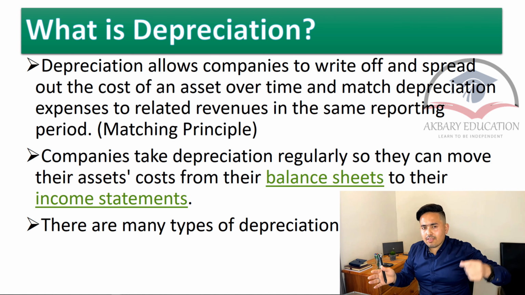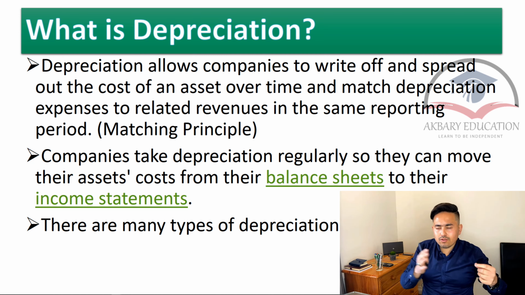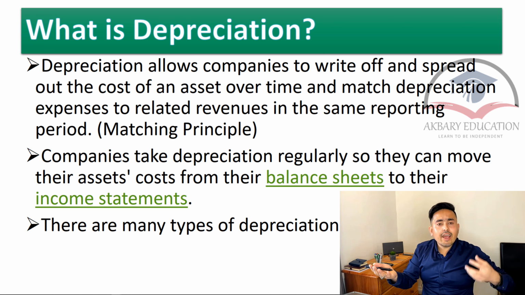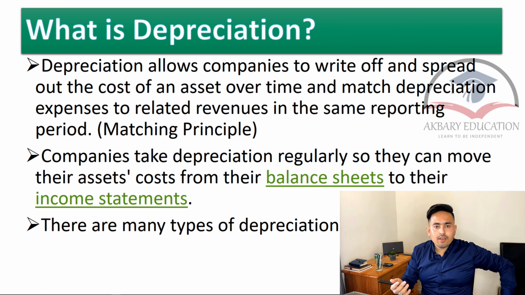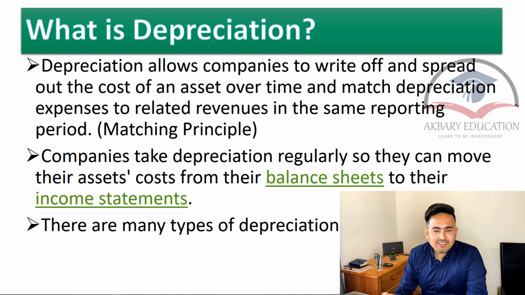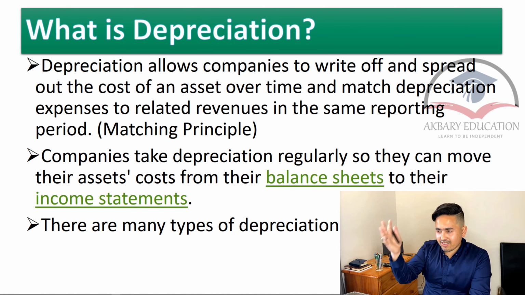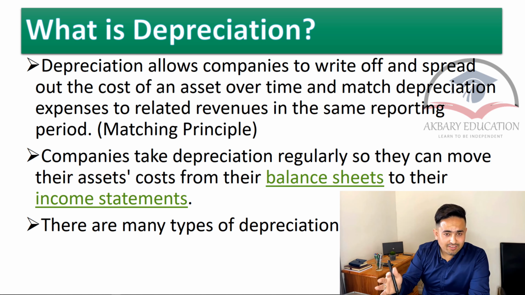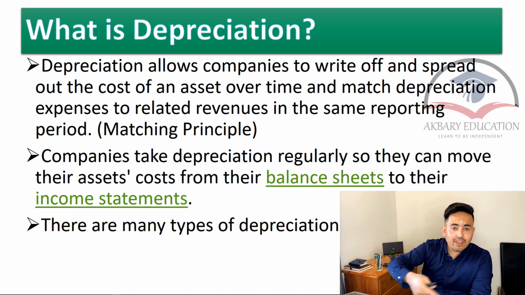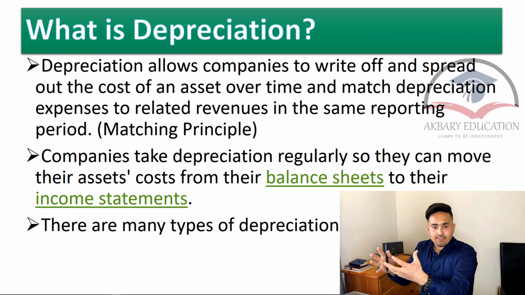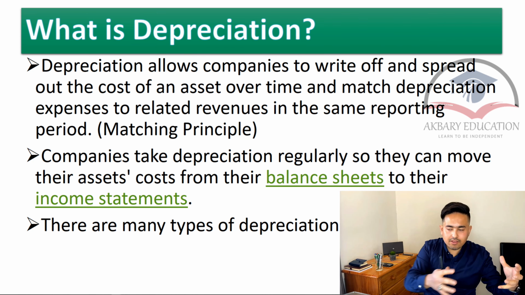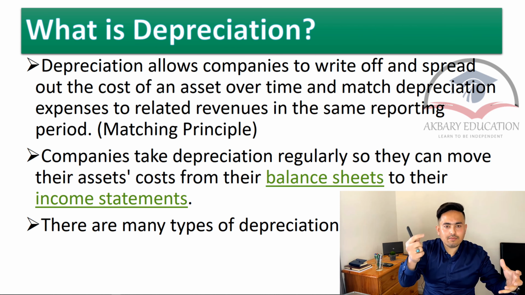The matching principle says that when this computer is utilized to earn revenue during 5 years, the expense should be recorded over those 5 years. But this is not possible in simple terms because we are allocating it. We record that cost as an asset in the initial year. The process of allocating or portioning that cost from the balance sheet to the income statement during these 5 years is called depreciation.